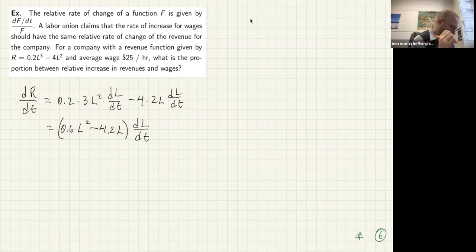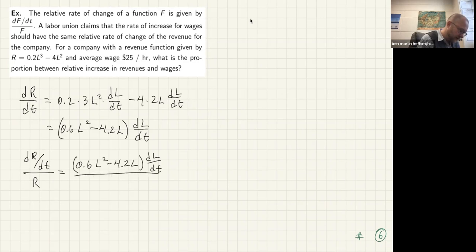And so from that, we're going to then go ahead and calculate the dR/dt divided by the R. Maybe I should have written that to slant a little bit better because I'm going to have space concerns here in a minute. dR/dt divided by R. So the 0.6 L squared minus 4.2 L dL/dt divided by the 0.2 L cubed minus 4 L squared.